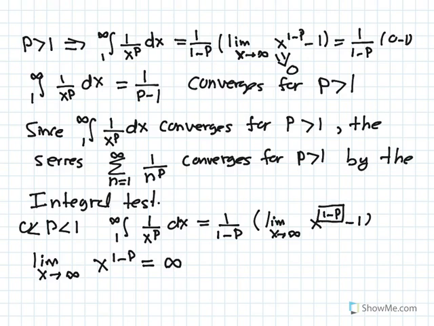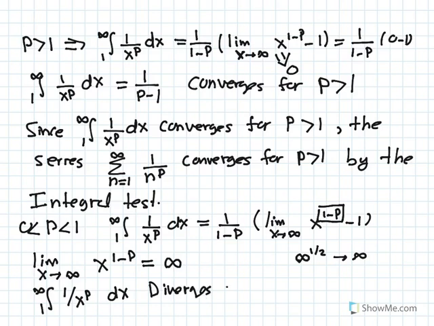If p is between 0 and 1, 1 minus p will be a positive exponent. So you have something like, for example, infinity to the 1/2, which is going to go to infinity. So for that reason, the integral from 1 to infinity, 1 over x to the p dx, diverges, and by the integral test, the corresponding series also diverges.